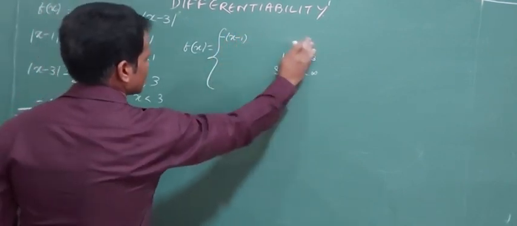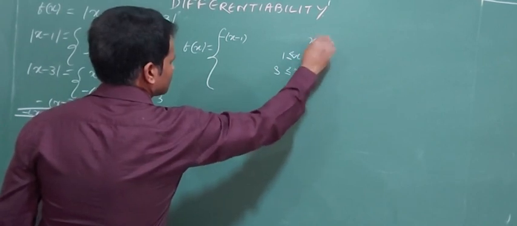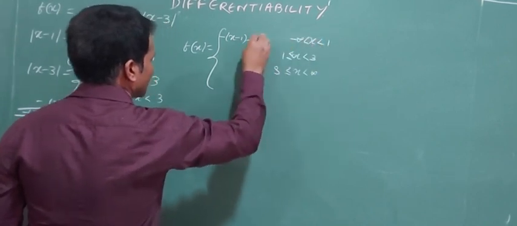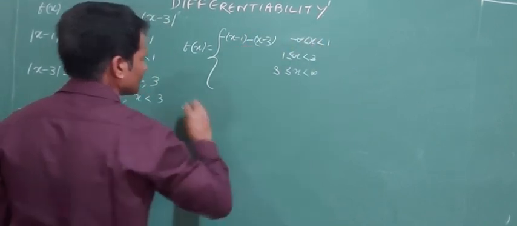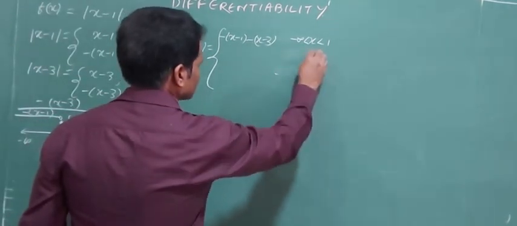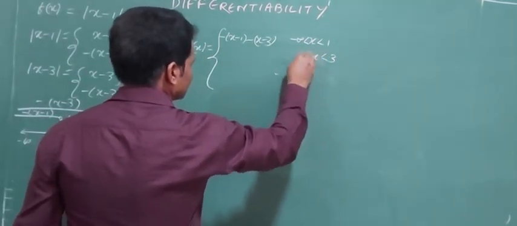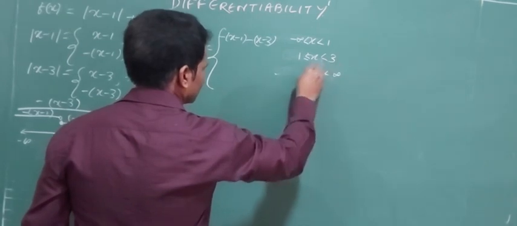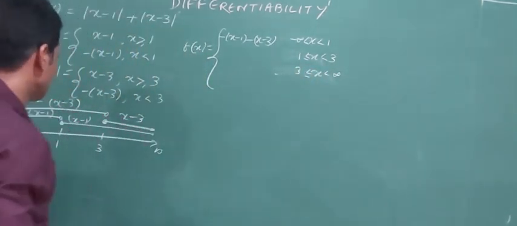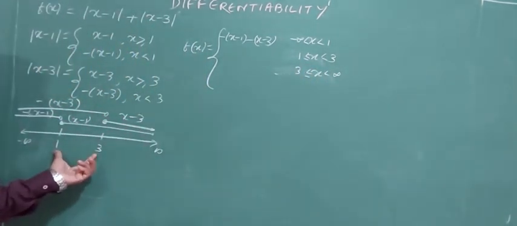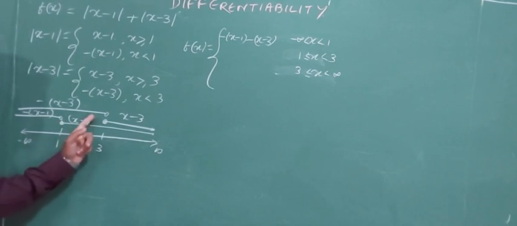Minus of x minus 1, minus of x minus 3. Next interval, 1 to 3. Here you can see that x minus 1 is positive, but in the same interval x minus 3 is negative.